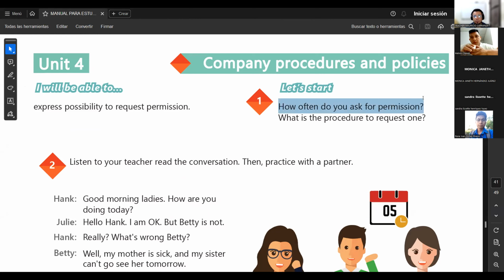Or ask for permission or request permission. So questions for you. How often do you ask for permission? For example, Melvin, how often do you ask for permission? You can say sometimes, rarely, never, always.